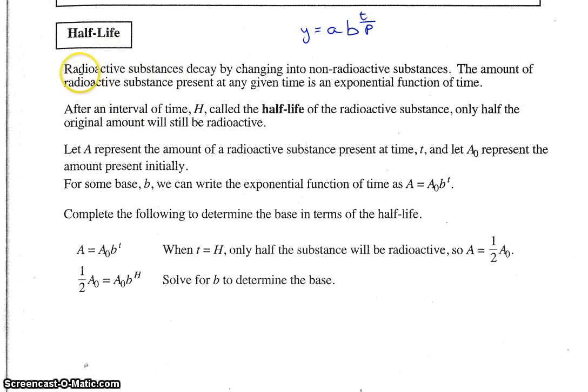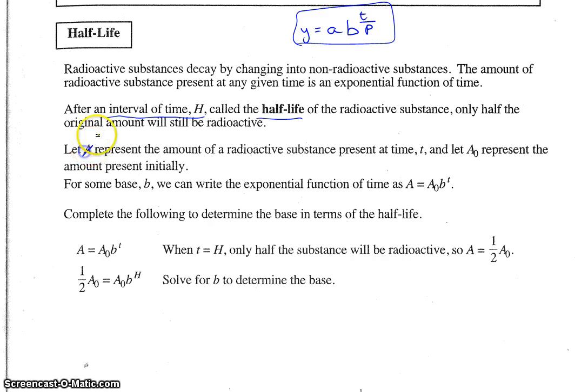Half-life is when you're dealing with radioactive substances decaying, and a half-life is the interval of time h that it takes for half the amount of the original substance to still be radioactive. We're going to change it to fit exactly the formula on your formula sheet.